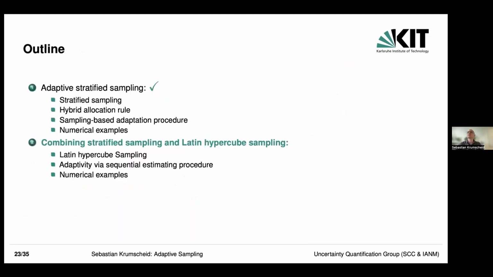And for the last 10 minutes or so, I want to talk about the main question: okay, that's all good, there's still some work that needs to be done, but how can we actually do better? Typically, last time I spoke to some of you, the question was: if you do a few steps of this adaptation, why not use some more effective estimator in these strata?